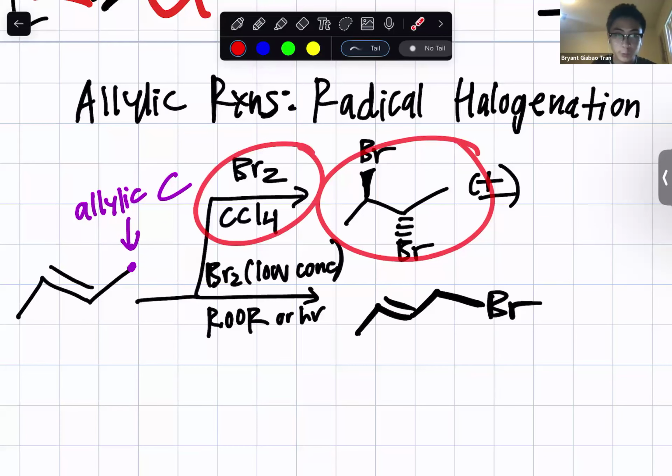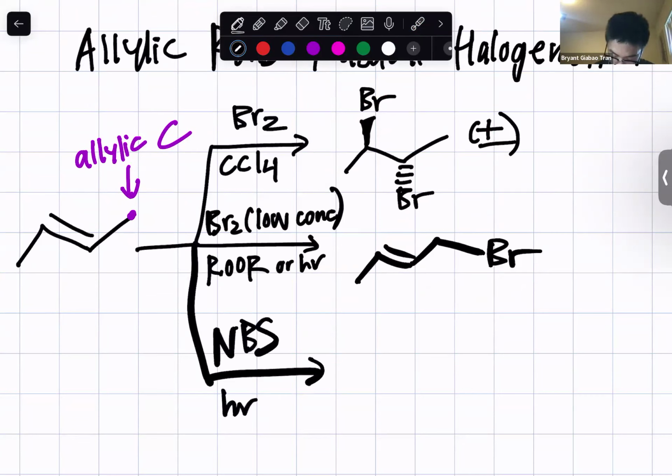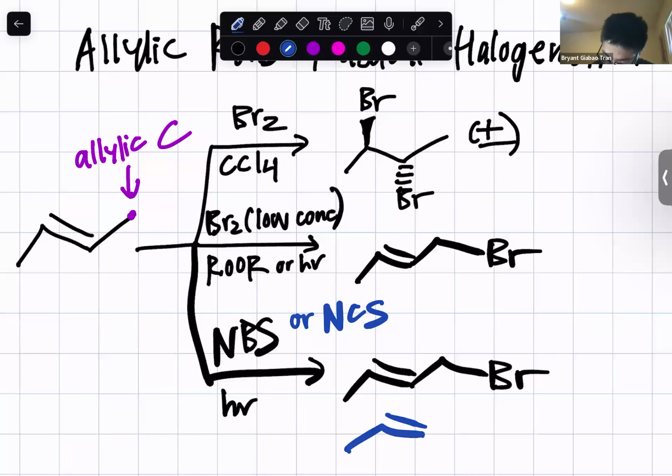It would just go through the first reaction. A better way to do this without worrying about the concentration is to use NBS under light, right? That NBS is going to add a bromine on the allylic position here. So this could be useful for synthesis. If you used, let's say, NCS, then you would add a chlorine on the allylic position instead of a bromine.